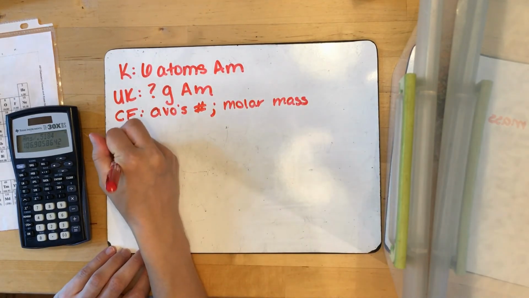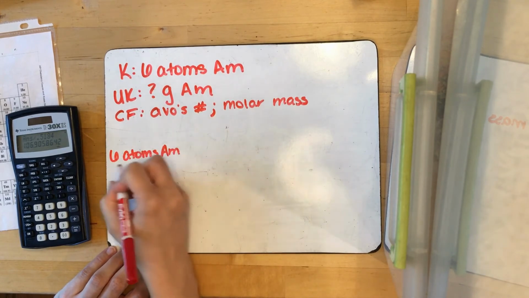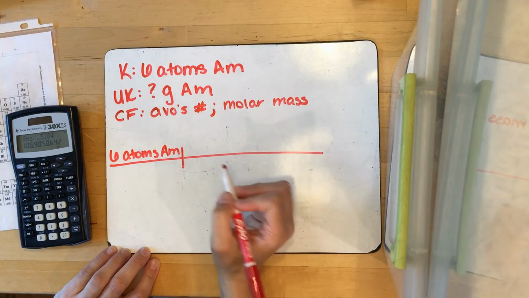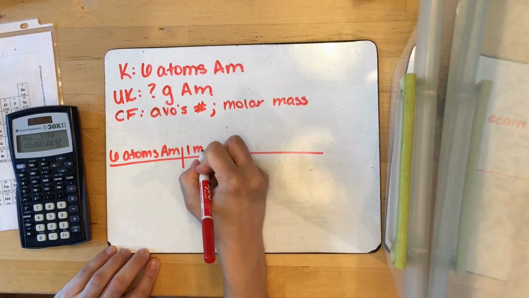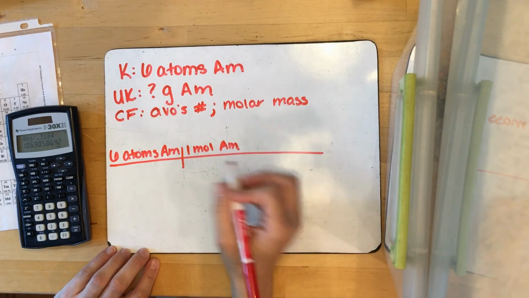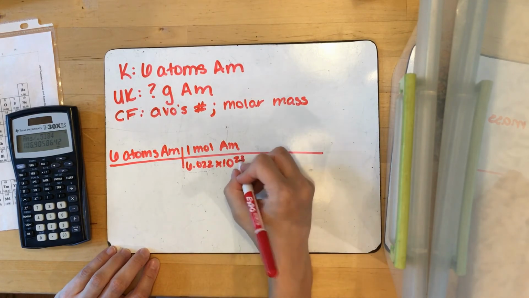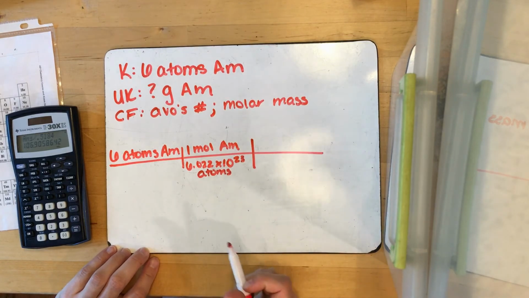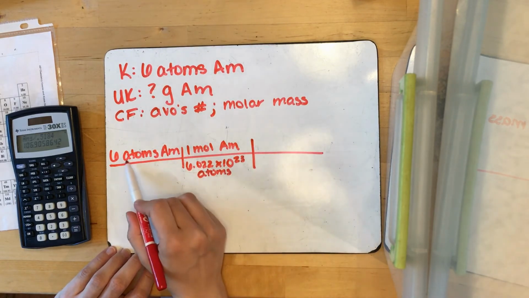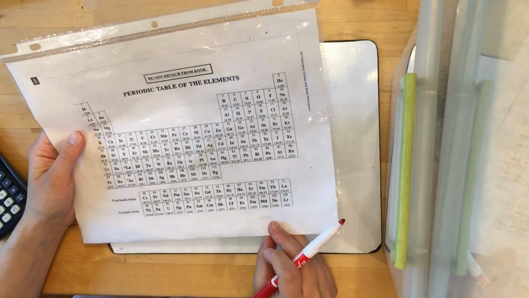So I start with my 6 atoms. And because I can't go directly from atoms to grams, I need to change that to moles first. So I'm going to use Avogadro's number to do that. We know that 1 mole is equal to 6.022 times 10 to the 23rd. And then after we've converted that to moles, we can use the molar mass to convert it to grams. So we look at our periodic table.